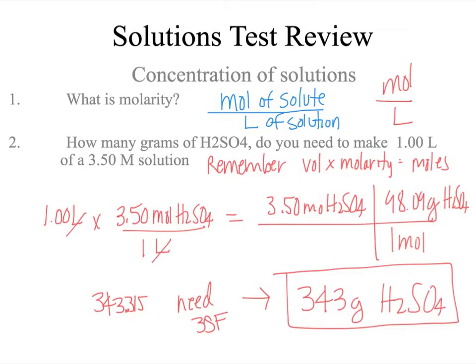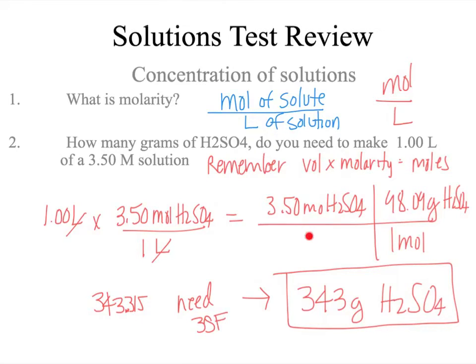All right, so how'd you do? Remember, when you're doing these kind of problems, when you're solving for grams, volume in liters times molarity is equal to number of moles, and then once you get to that point, you can multiply by the molar mass. So I took 1 liter, I multiplied it by the molarity, which was 3.50 moles per liter. Of course, the liters cancel out, and I was left with 3.5 moles of H2SO4.